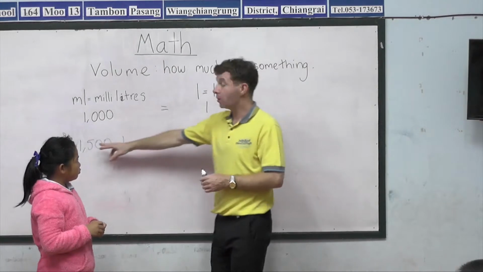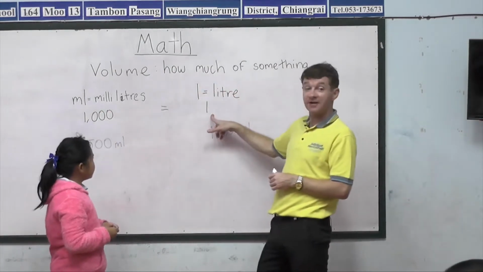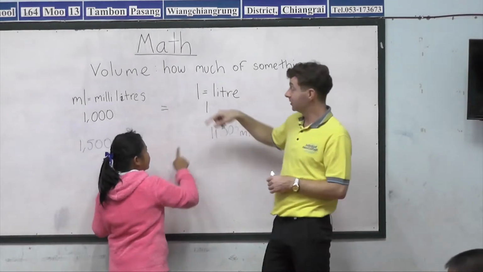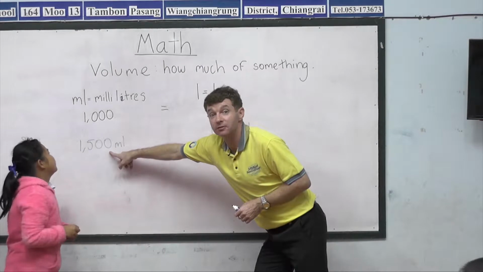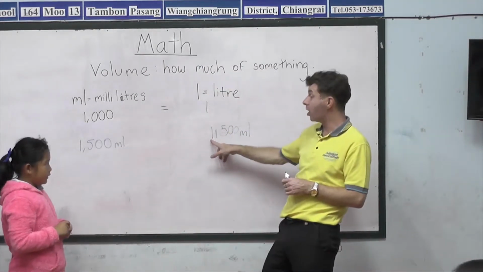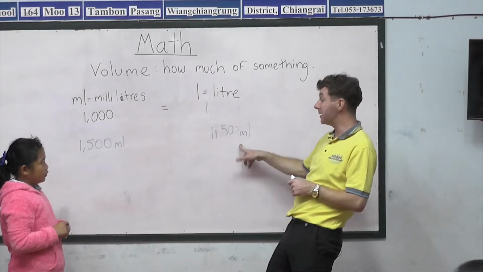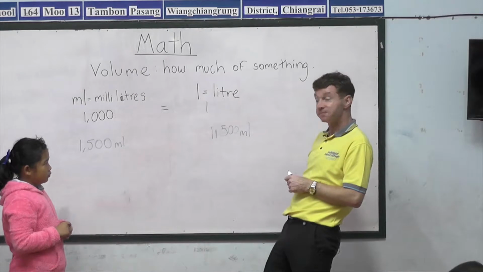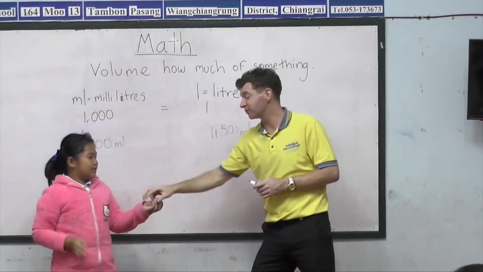Remember how when we have 1,000 milliliters, we can convert it into liter. So 1,500 milliliters is, ready Lakgow? 1 liter, 500 milliliters. Is that right? High five. Round of applause for Lakgow.